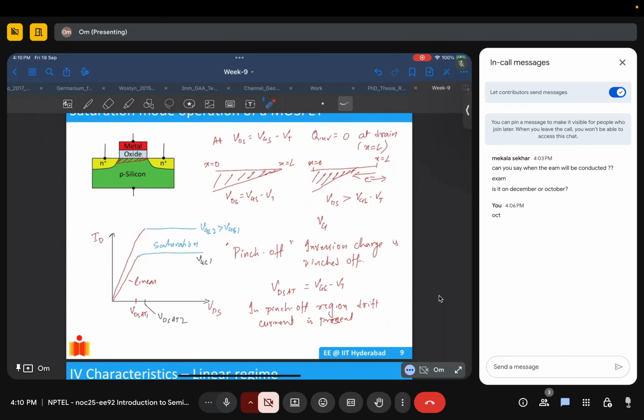When VDS is greater than or equal to VGS minus VT, saturation occurs and the charge here becomes zero. This condition is called pinch-off. When it is pinched off, your current starts to saturate. When you keep increasing VDS more than VGS minus VT, the pinch-off point shifts towards the left, till here. Earlier it was here, now it will be here.